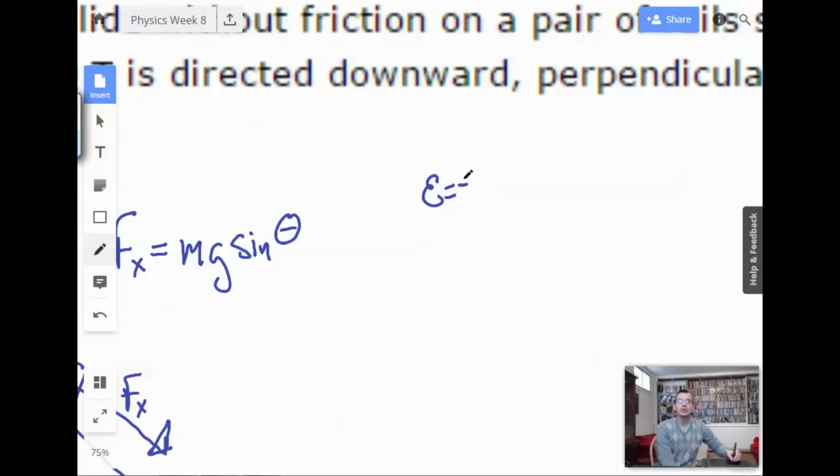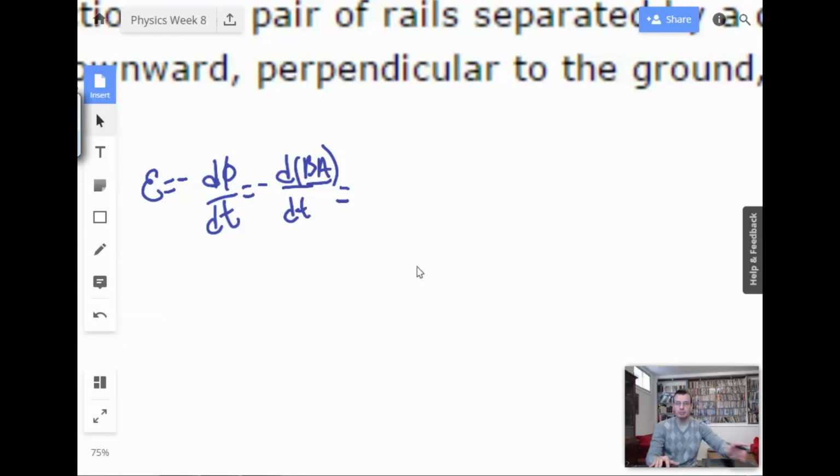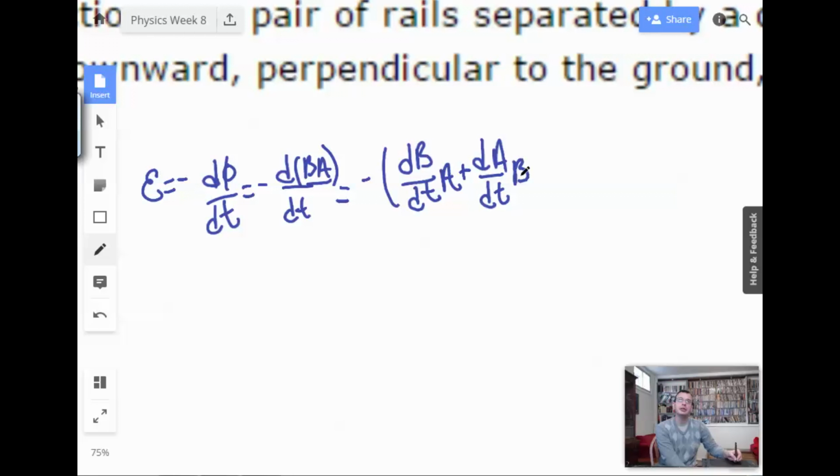So we have epsilon equals negative d flux dt, which equals negative d(BA)/dt, which we probably already have memorized by now, but I'm terrible at memorizing anything in life, so I do it this way every time. dB/dt times A plus dA/dt times B. We know the magnetic field is going to be constant, so that first term is going to be 0.